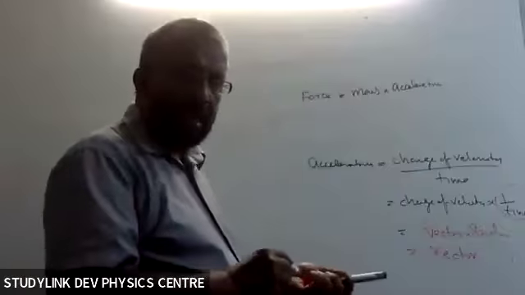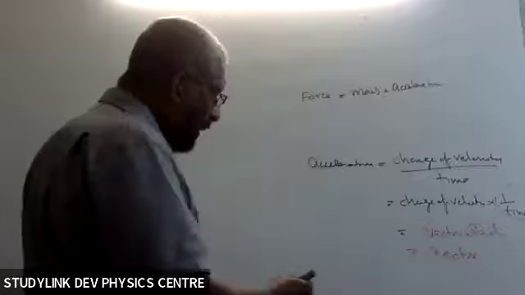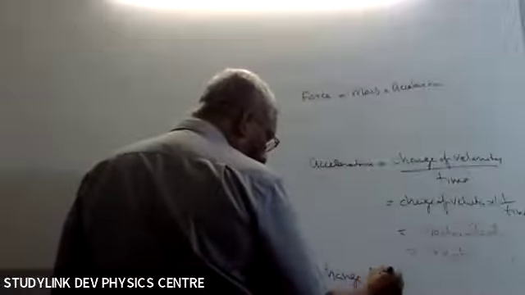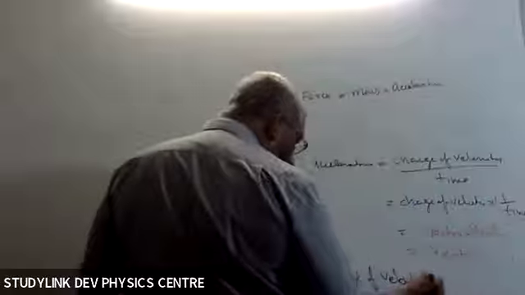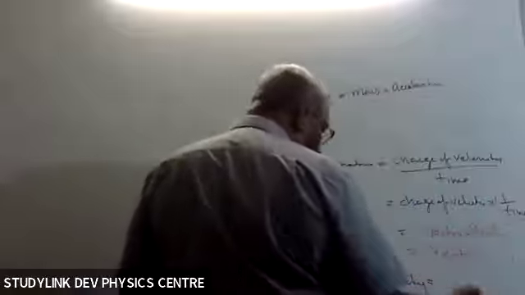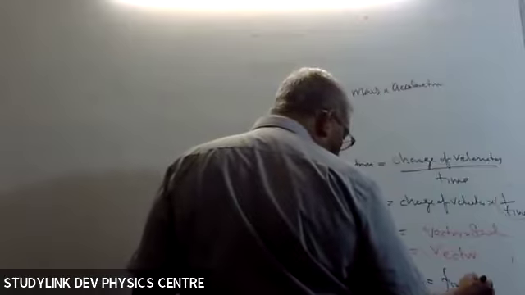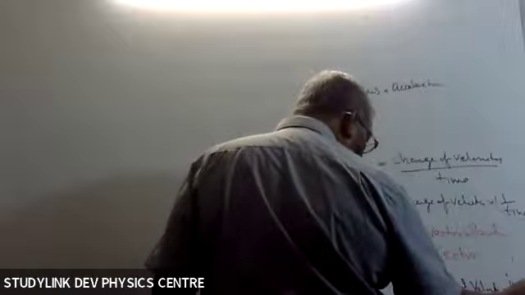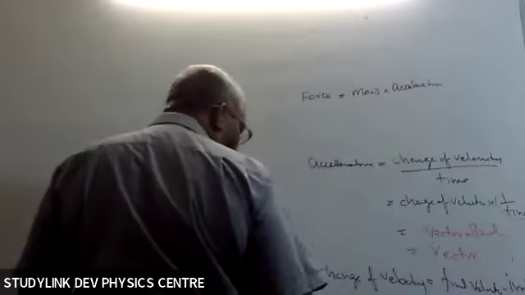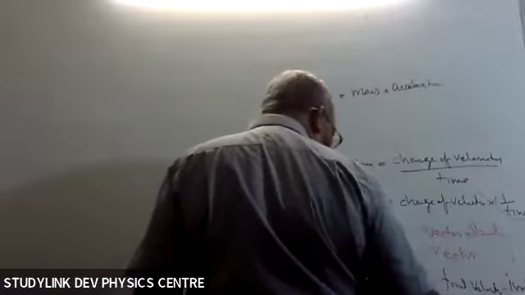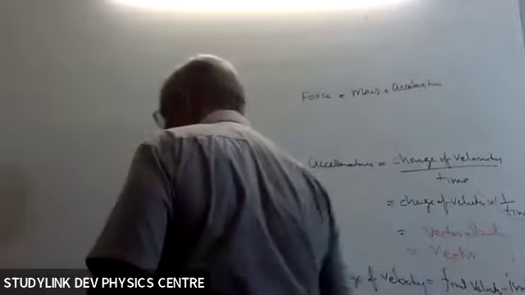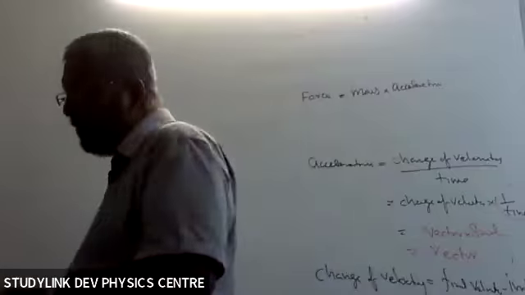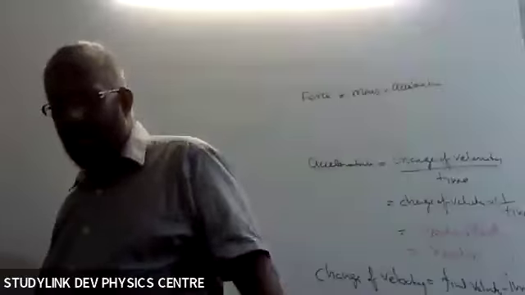If you want to know change of velocity, I'll write it. Change of velocity is equal to final velocity minus initial velocity. So velocity difference, or vector difference, is a vector. Vector addition like that.